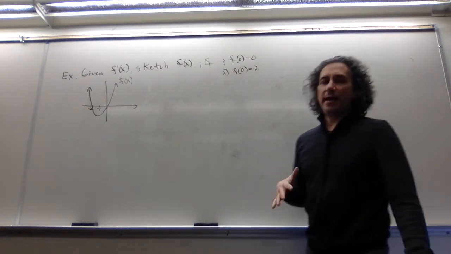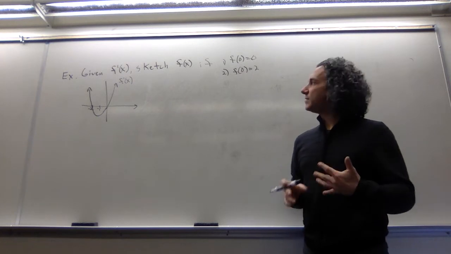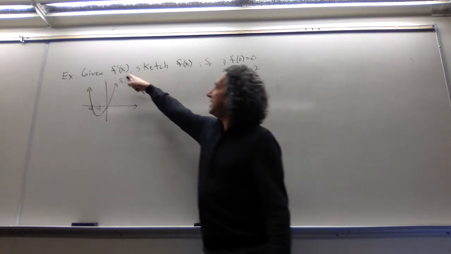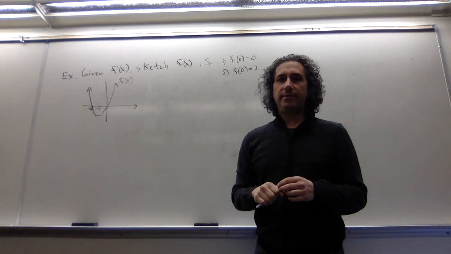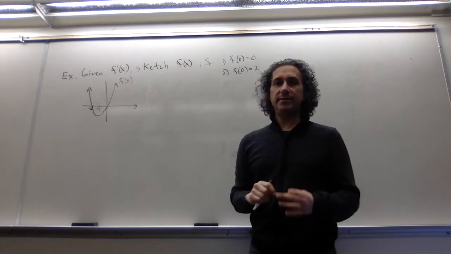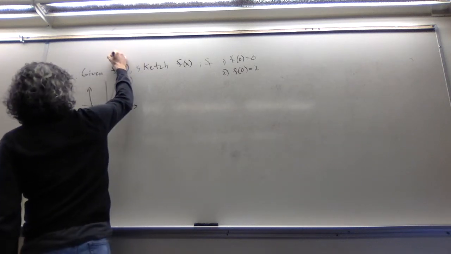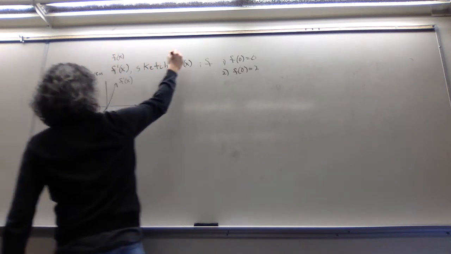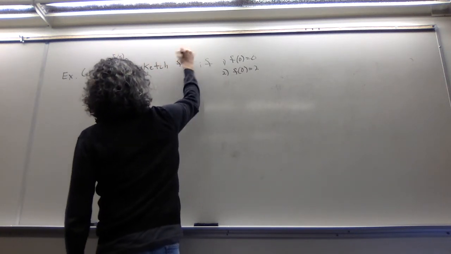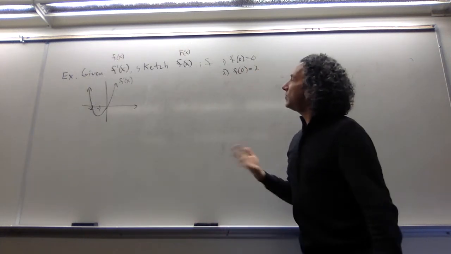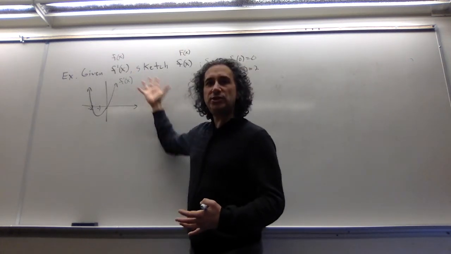So first I want to have you guys realize something. This is language from last quarter, f prime of x and f of x. This quarter, we're using little f of x and big F of x to denote the relationship. So in other words, it doesn't actually matter which I use.